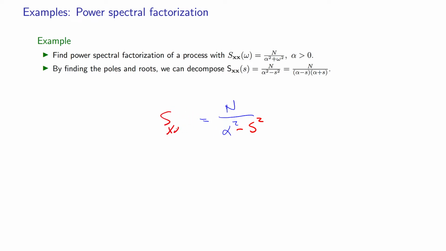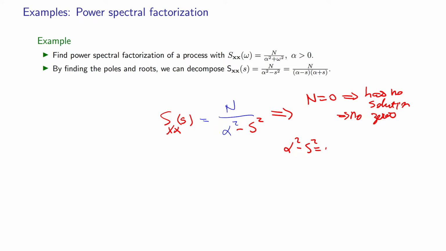Now this function becomes S_x of s. Now I have to determine the poles and zeros. N equals 0, N is a number, has no solution, because a real number cannot be equal to 0, so no zeros. So this power spectrum has no zeros. And then I have alpha squared minus s squared equals 0.